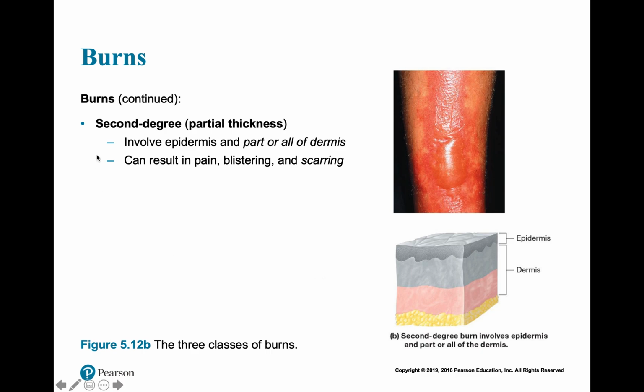Now a second degree or partial thickness burn, how long it takes to heal will be dependent upon how many accessory structures are left undamaged in that area. So if you remember, we talked about the glands, so sebaceous glands, eccrine sweat glands, apocrine sweat glands, hair follicles.